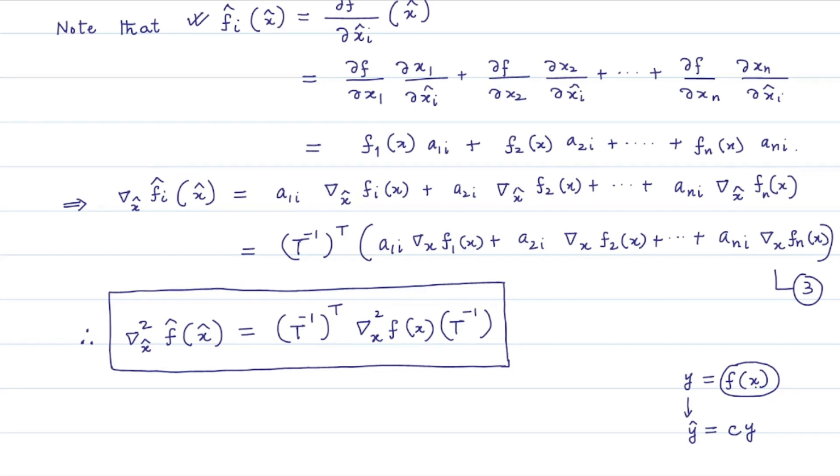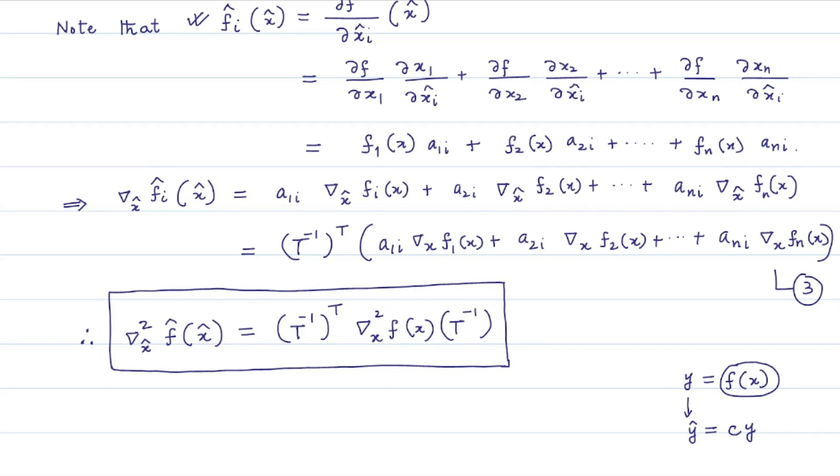Before looking into this scaling of the dependent variable, or scaling of the objective function value, let me give you one example to show how important the scaling of variables, or change of variables, is before employing an optimization algorithm to identify a minimum point of a continuously differentiable function.